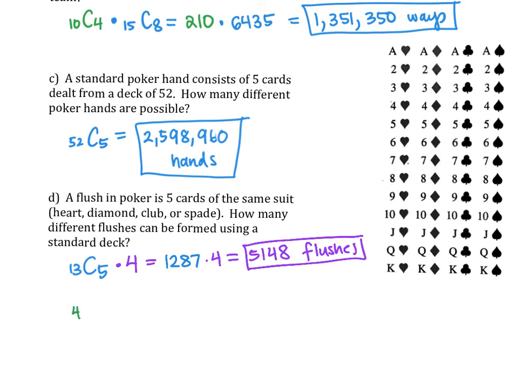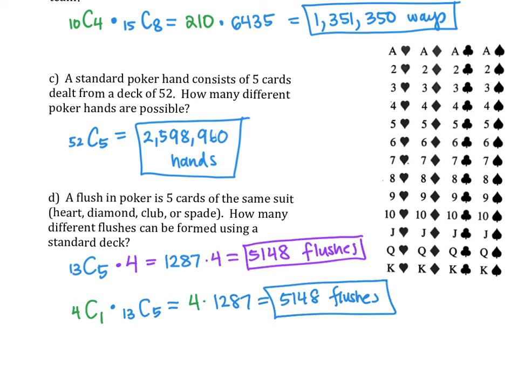Of the 4 suits, I want to pick 1. And then once I pick which suit, there are 13 cards, and I'm going to select 5 of them. Okay, and I can evaluate it this way, 4 times 1287. And I still get 5148 flushes, but there is more than one way to set it up. The main thing is you need to show me how you set it up, and then you can use your calculator to evaluate.